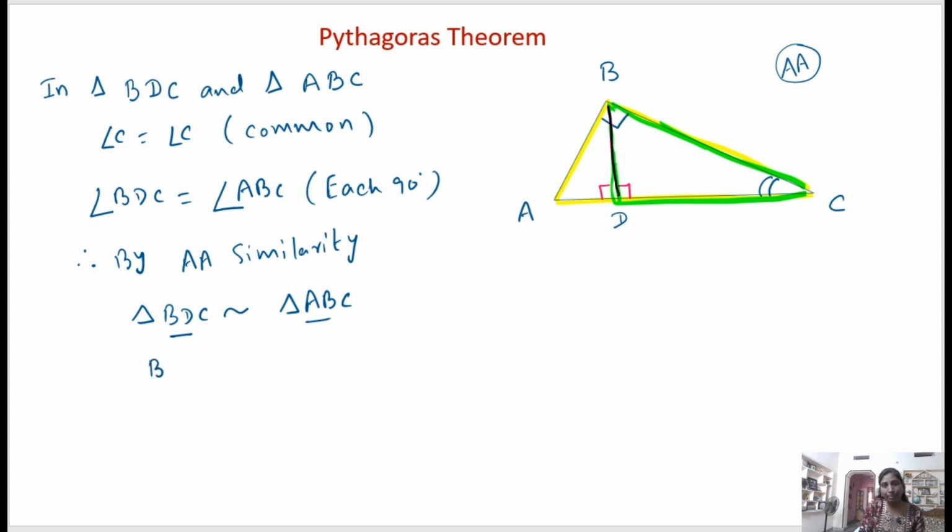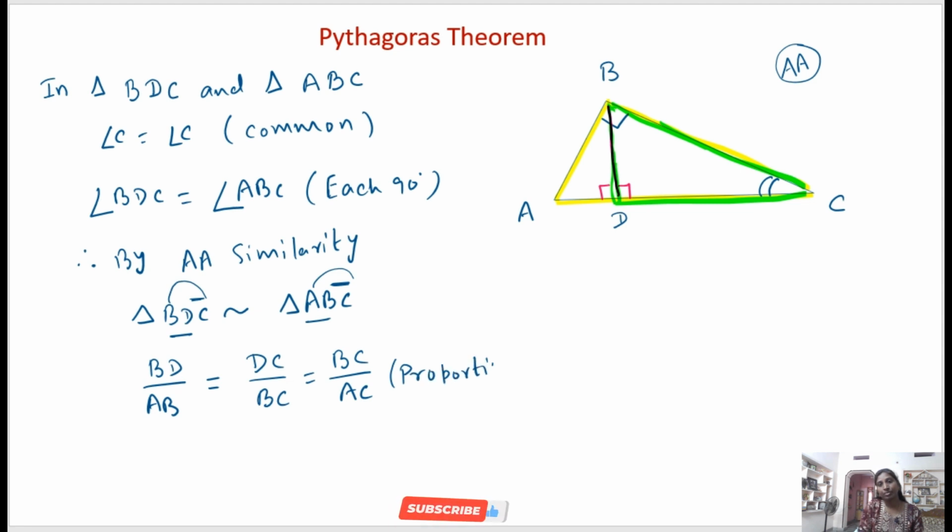Okay, we will write BD by AB is equal to DC by BC, is equal to, see here we can see BC by AC. Why? What is the reason? Proportional. It means why we are writing, because in similar triangles the corresponding sides are proportional.